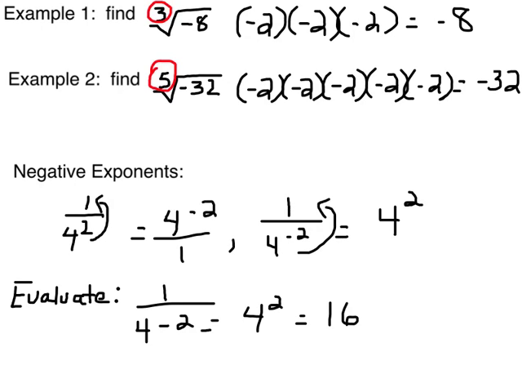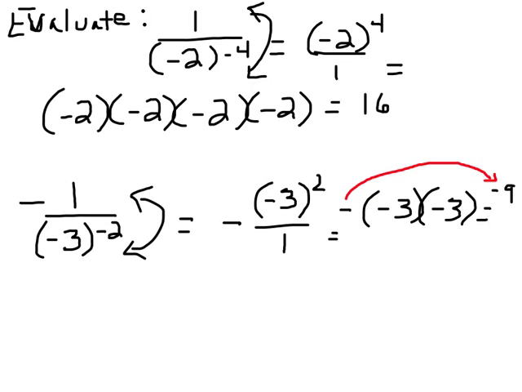So let's evaluate 1 over 4 to the negative second. Well, to make that negative 2 a positive, I'm going to need to make it 4 squared over 1, which is 4 times 4, which equals 16. Alright, in this one, 1 over negative 2, and that negative is protected, to the negative 4th.